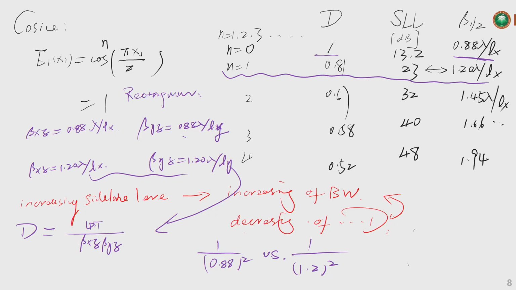So if the beamwidth is increased and the side lobe level is reduced, it relates to another parameter, the beam efficiency. First, let's take a simple expression.